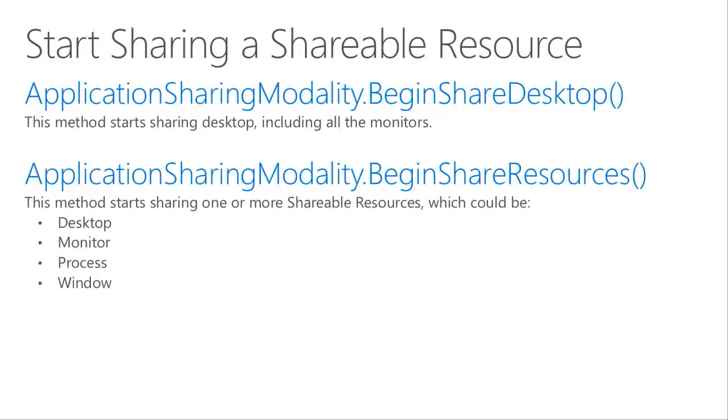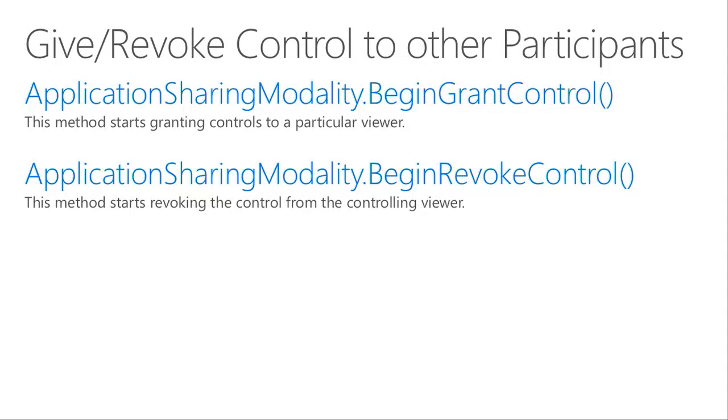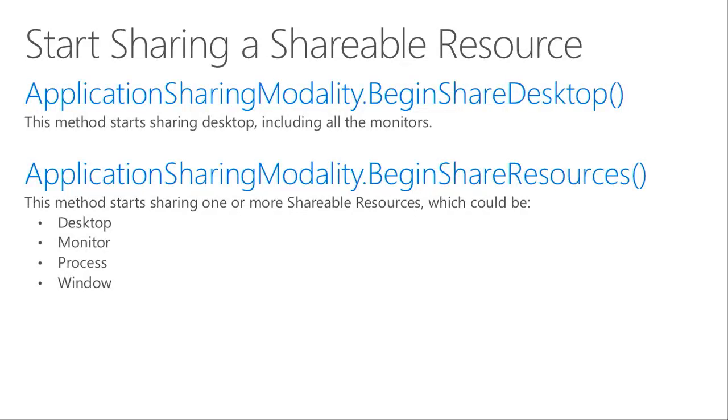So the next step is to start sharing. It's simply called begin share. We have a shortcut for sharing desktop. You can just call begin share desktop to share the desktop. Or you can use the shareable resources, say begin share resources with a list of shareable resources like desktop, monitor, or process, or windows.